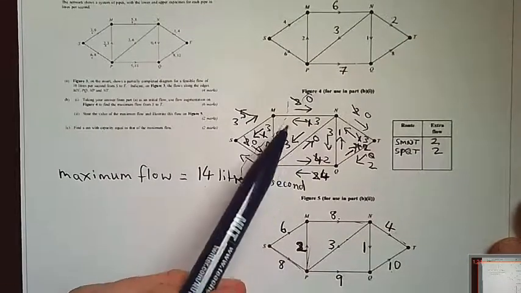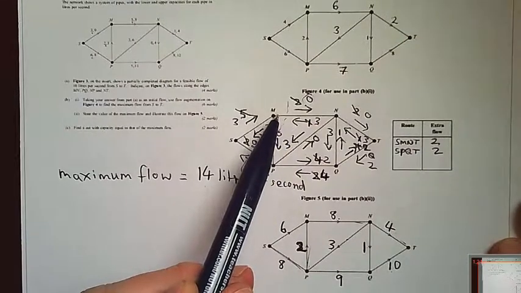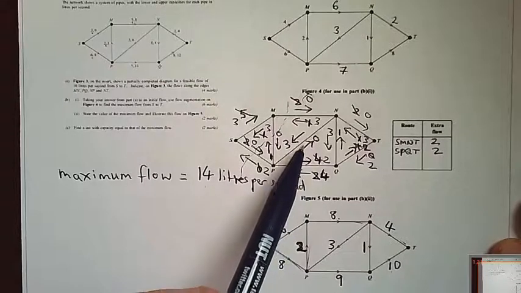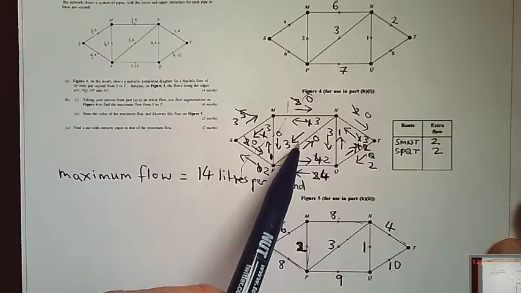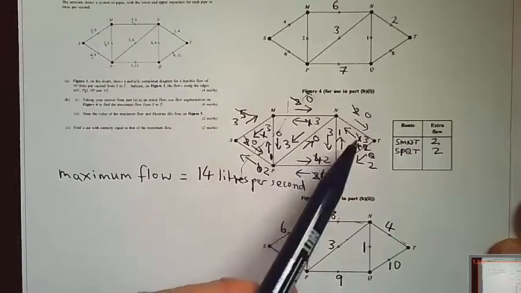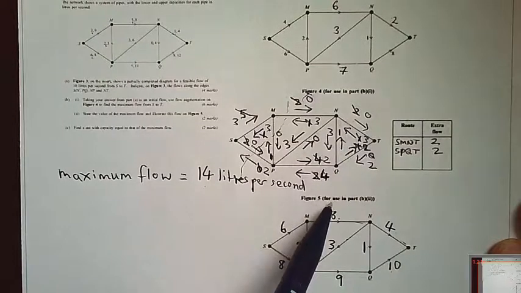So looking now for where they're saturated going from source to sink, well, we can see that MN is saturated, SP is saturated, NT is saturated.